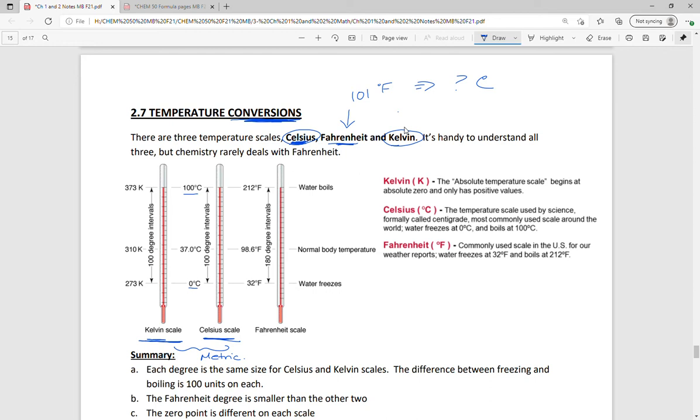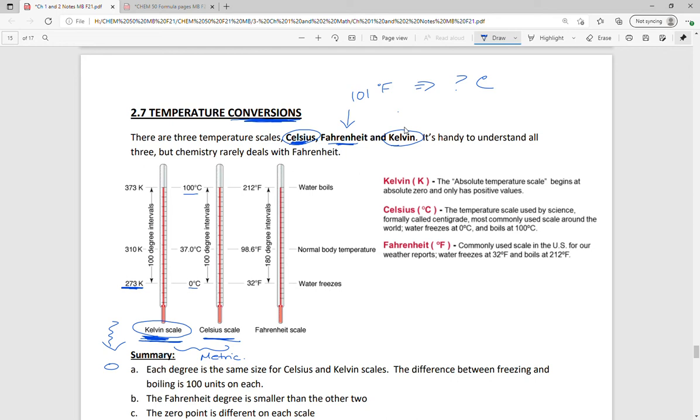And so they are offset by 273 degrees Kelvin. The reason is that the Kelvin scale is built on the idea of absolute 0. Absolute 0 is way down here on the Kelvin scale, and it is almost theoretical in its understanding.